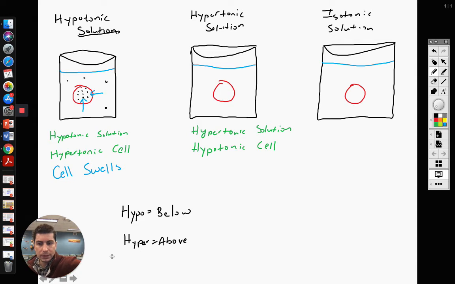Okay? The second one here, we are going to have a hypertonic solution. That means a lot of particles are in the solution, and we're going to have very little inside of our cell. Well, what's going to happen here? The water is going to go wherever there is more solute.